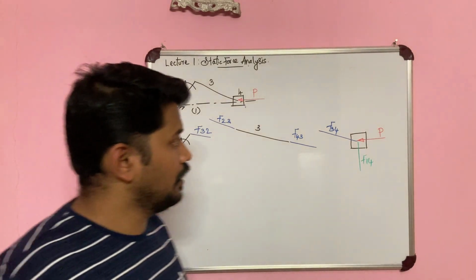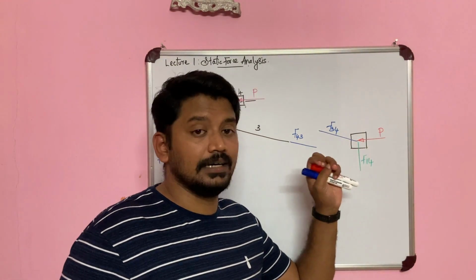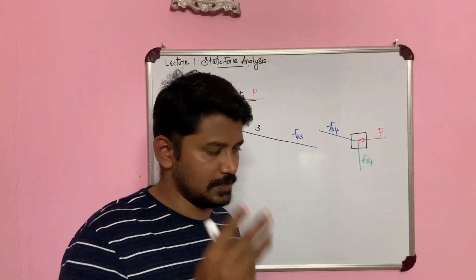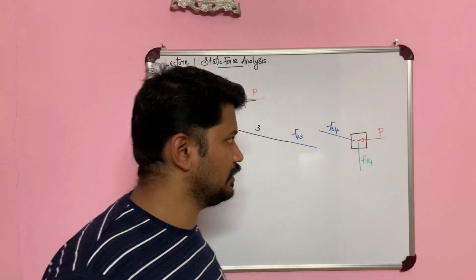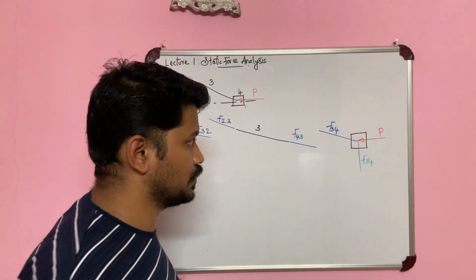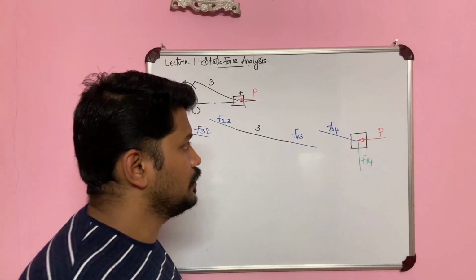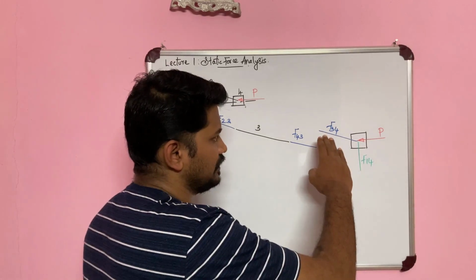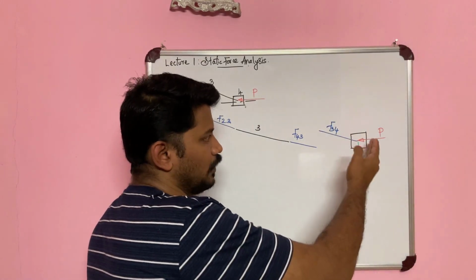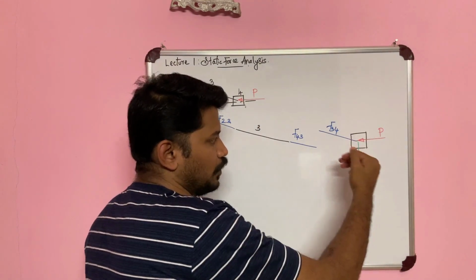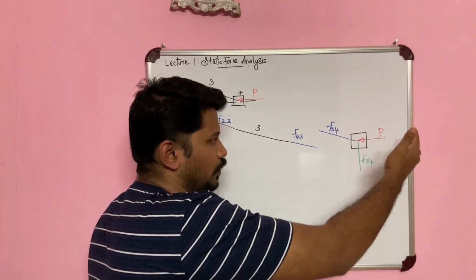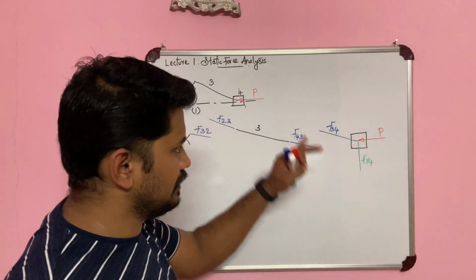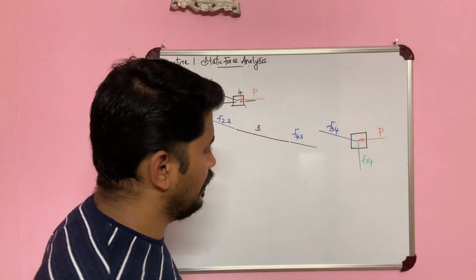This is a link with three forces acting upon it. So here this is F34, that is from 3 onto 4, F14, that is from the fixed link onto 4, and P. That is how we name them.